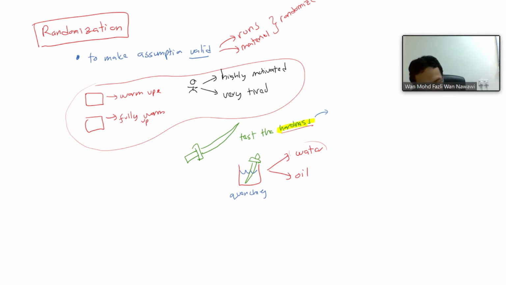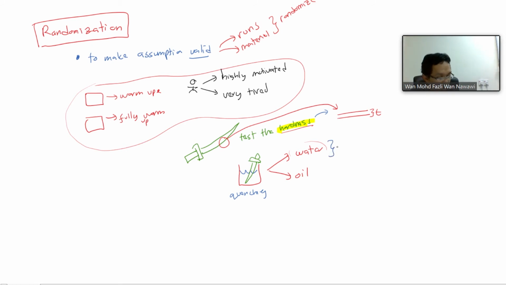If you look from the side, you can see the thickness of the sword. So let's say the sword that you use to quench in water is a little bit thicker, and this other one is normal thickness.